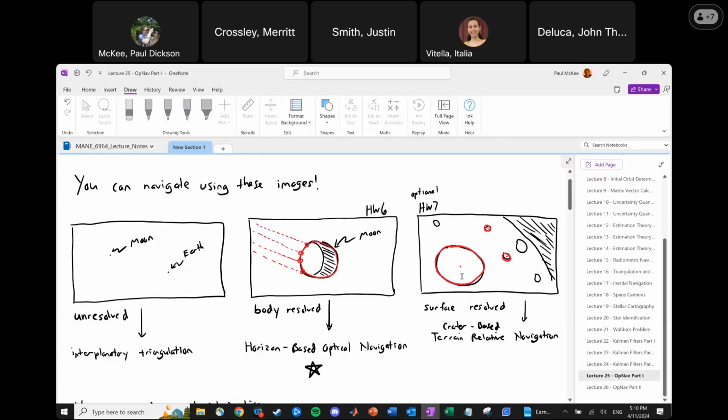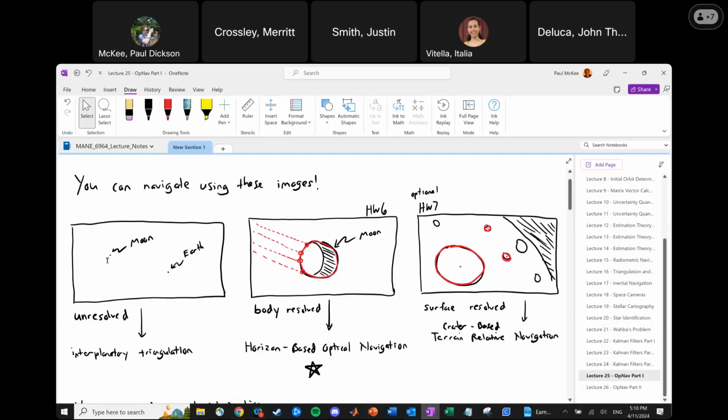So OpNav is our abbreviation for horizon-based optical navigation. And we started with this idea of, okay, here are 3 images. One is unresolved. Unresolved meaning that the thing you're taking a picture of looks like a dot. So you've got a dot of the moon and a dot of the Earth.